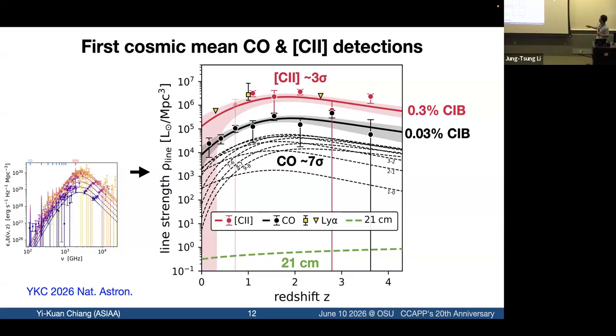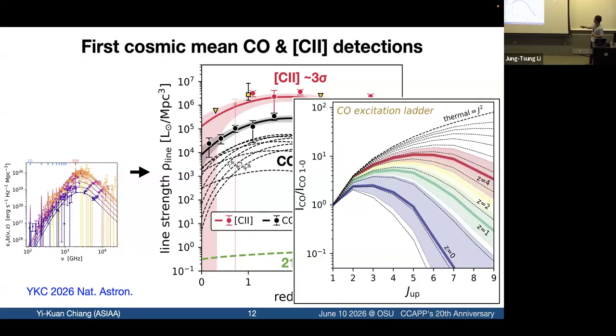And this is the CO luminosity density as a function of redshift. This is the combined, and then different dotted lines are individual J transitions. And you recognize that the 21 centimeter line sits way down there because it's a strongly forbidden transition. And for CO, with these different transitions, there's a different way to look at the excitation.